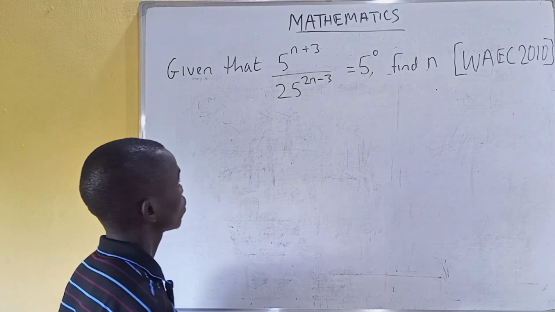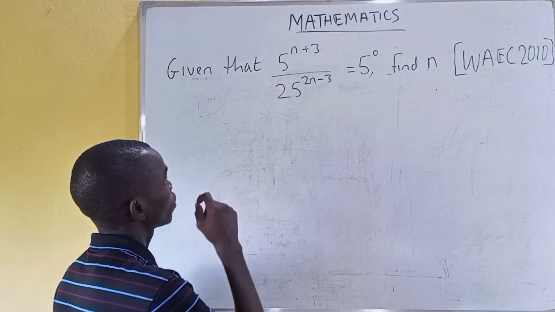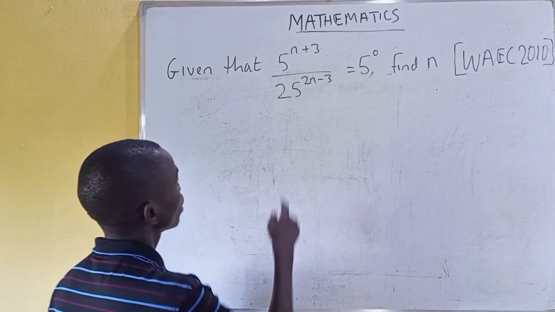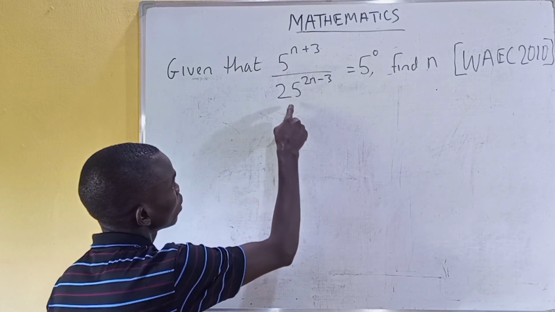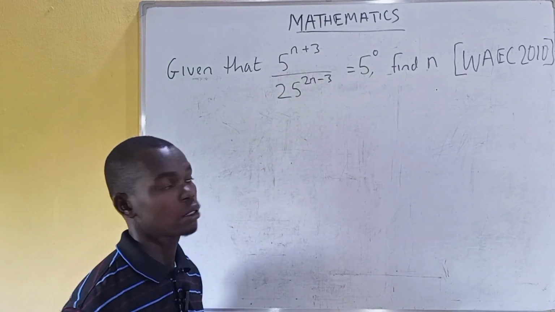If you look at this question now, this base 5 is the simplest form in this question, and we can make this 25 equal to this. That means this will now be 5 squared.